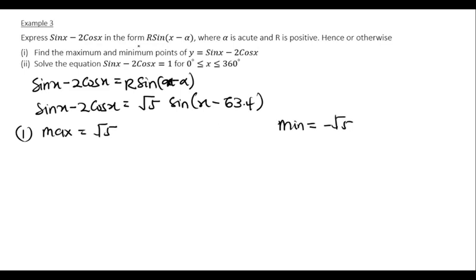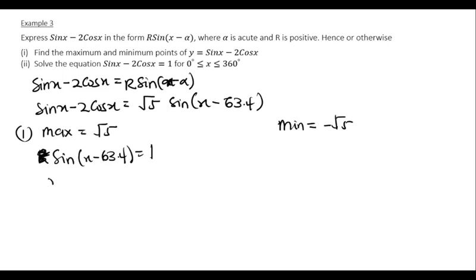Okay, so at what value does the maximum value and then the minimum value occur? For the maximum value, it occurs at R sine x minus 63.4 is equal to positive 1, neglecting the R over here.